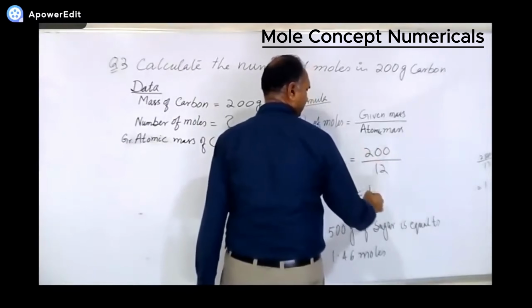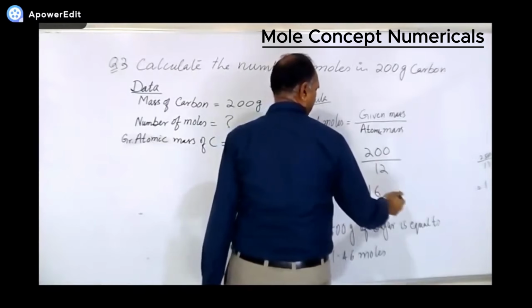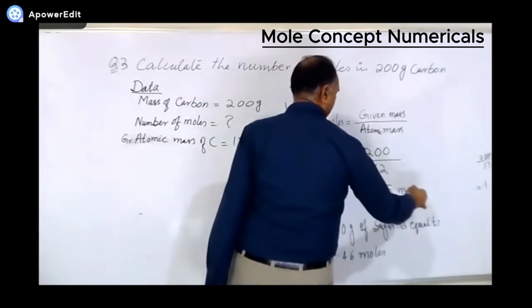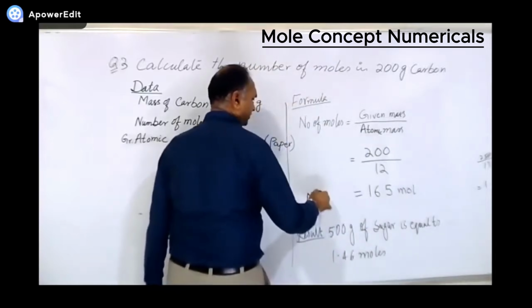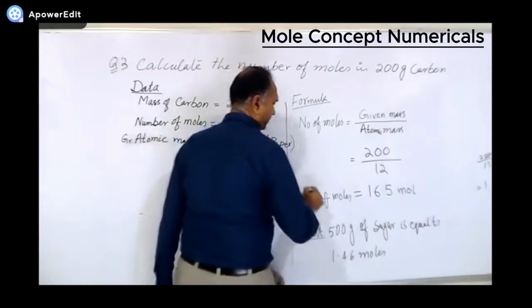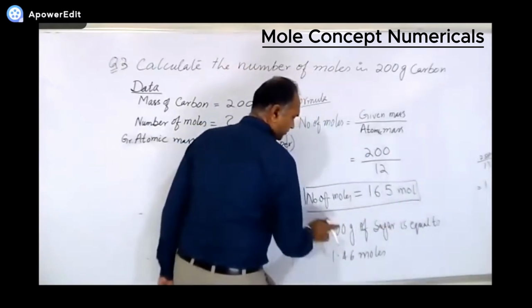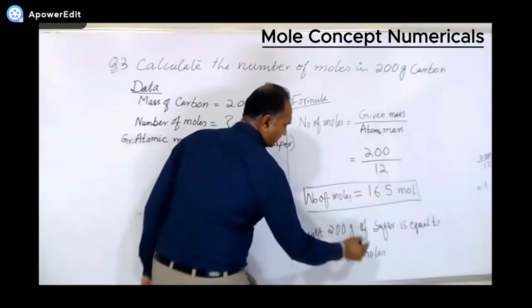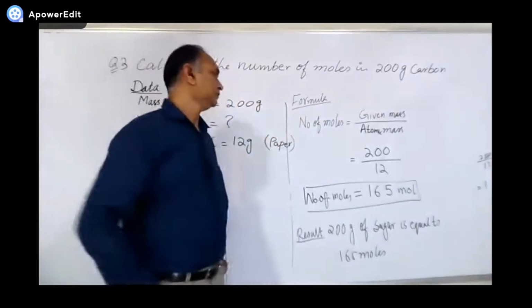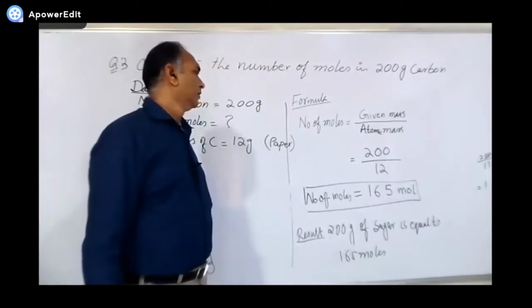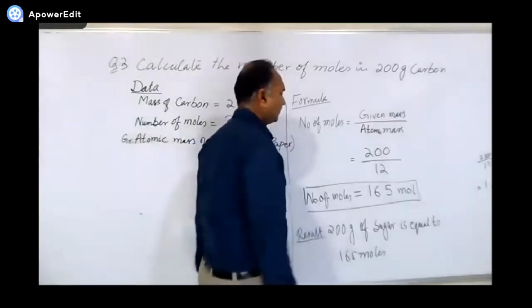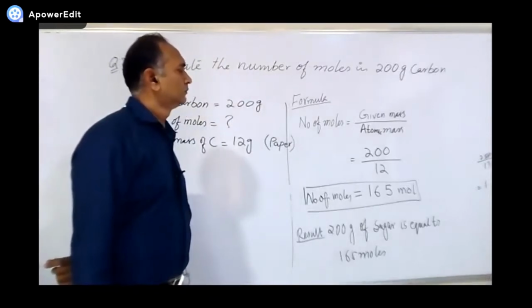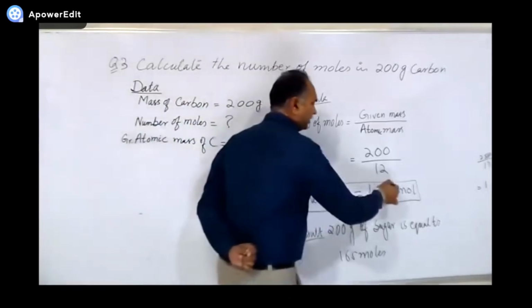Just divide them. So the number of moles, you can write it directly, 16.66.